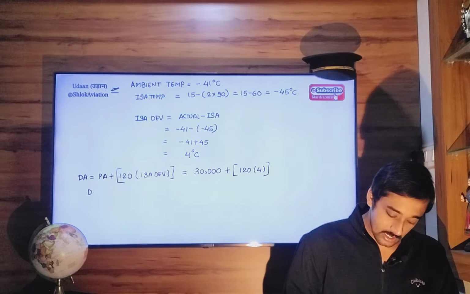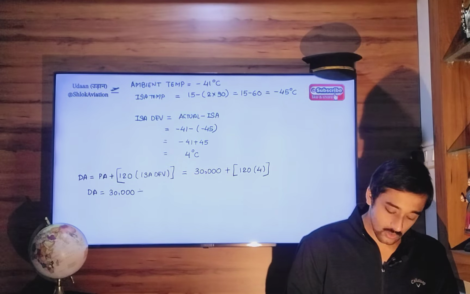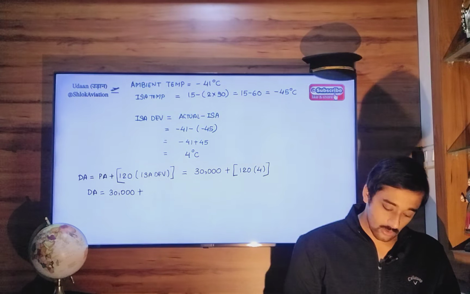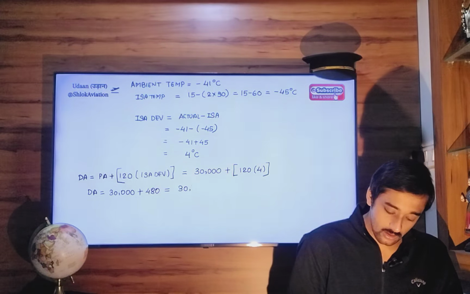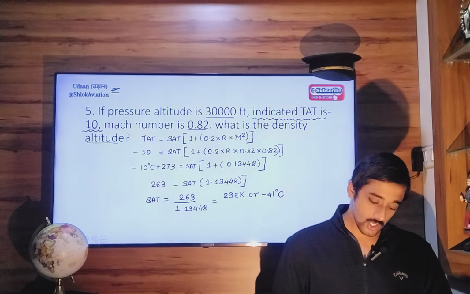So density altitude equals 30,000 plus 120 into 4, which is 480. So density altitude is 30,480 feet, approximately 30,500. So this is your answer.